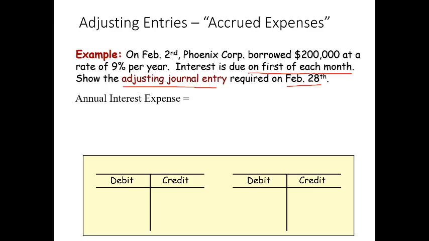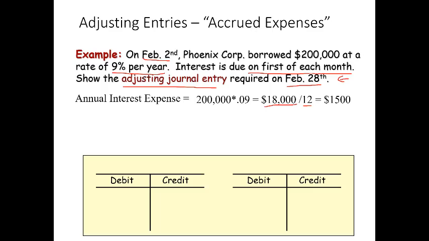$200,000 at 9% per year is going to give you $18,000 worth of interest. Then we need to divide that by 12 months because only one month has gone by. This is February 2nd through February 28th. Interest rates are typically reported as an annual interest rate, and this is something to keep in mind for all of your problems in this class.